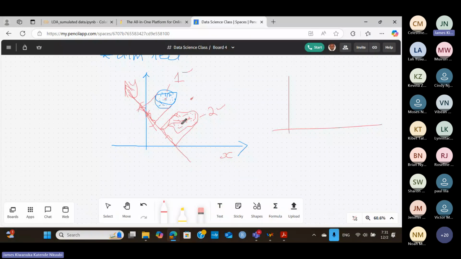If the variation within each group is small, then it's easier to classify them. It's also easier when the distance between their means is higher. So linear discriminant analysis tries to find this plane that separates the groups as much as possible.